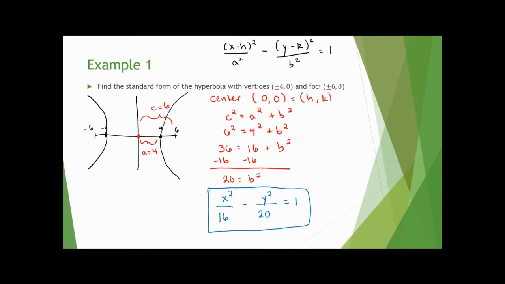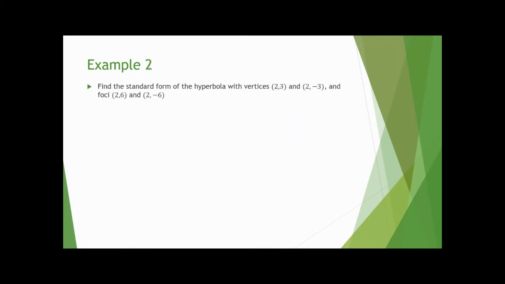So moving on to my second example, we're going to find the standard form of the hyperbola with vertices 2 comma 3 and 2 comma negative 3, and then foci at 2 comma 6 and 2 comma negative 6.